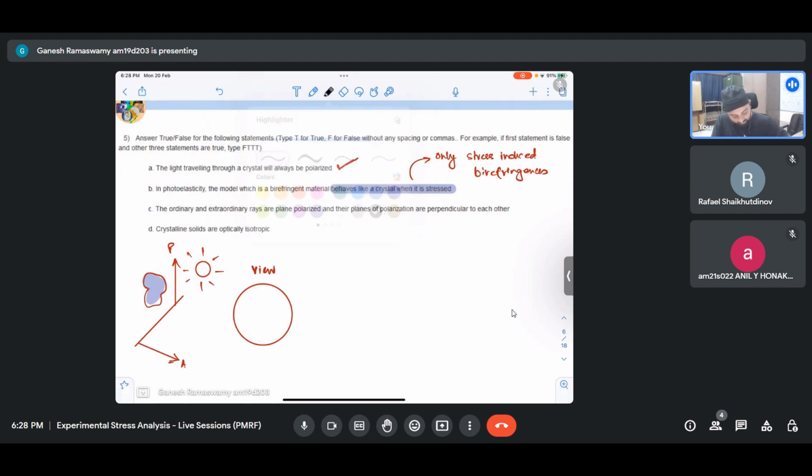I shouldn't be able to see anything here. You consider that that is black. This is how I should be able to see because the model is unstressed. But more often than usual, it depends on the material, the photoelastic material also.